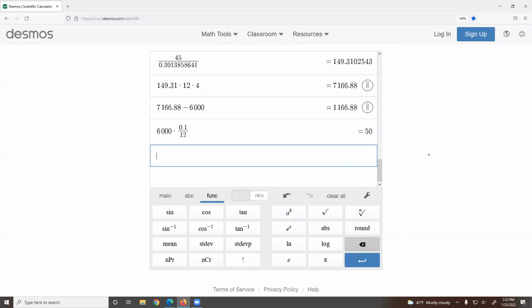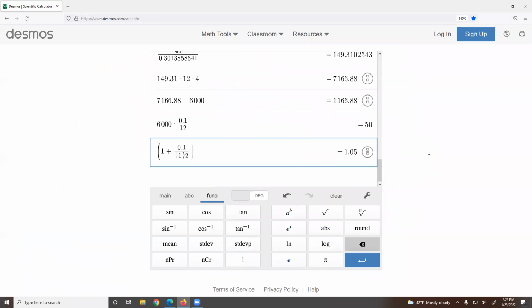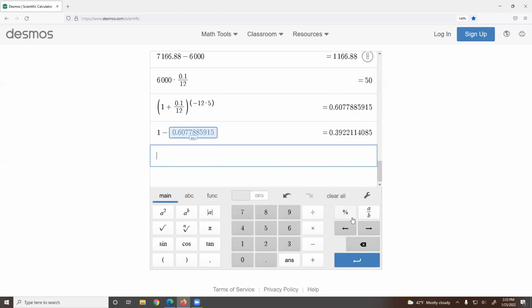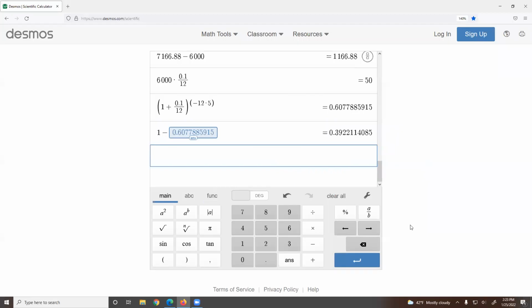And the factor we have, 1 plus 0.1 over 12, raised to the power of negative 5 years, 12 times 5, and 1 take away this number, 0.392211, 4085.